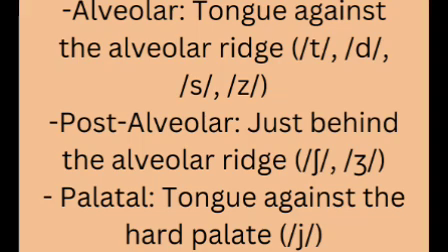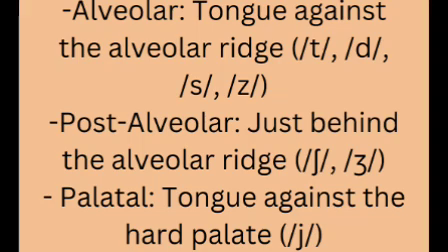Still on the place of articulation, we have the alveolar sounds. The alveolar sounds are sounds that are produced with the alveolar ridge. The alveolar ridge is the portion of your mouth behind your upper front teeth. Whenever we produce alveolar sounds, your tongue touches the alveolar ridge.